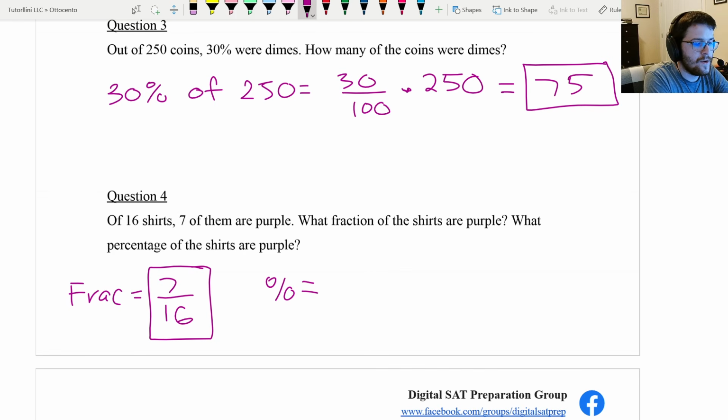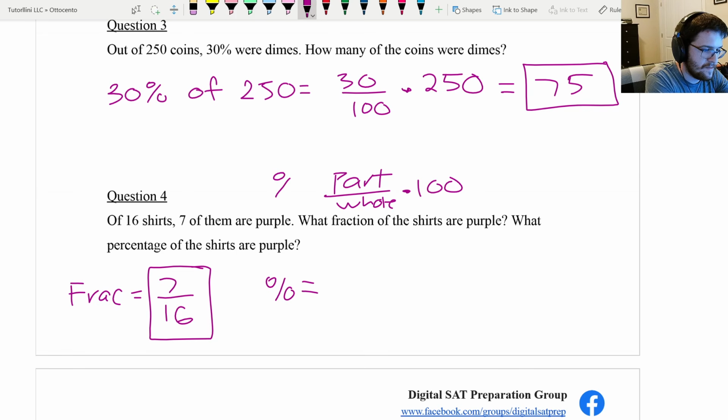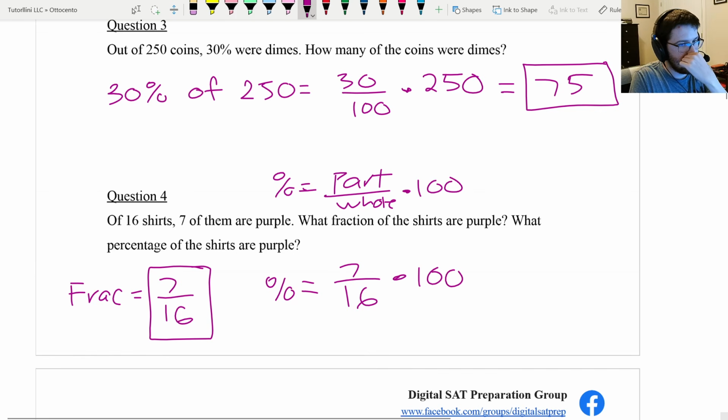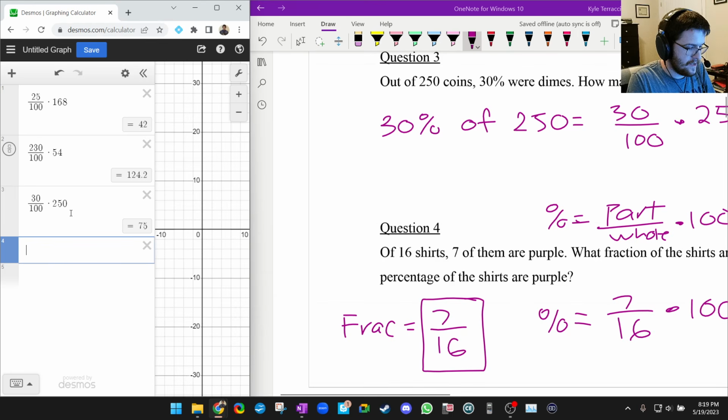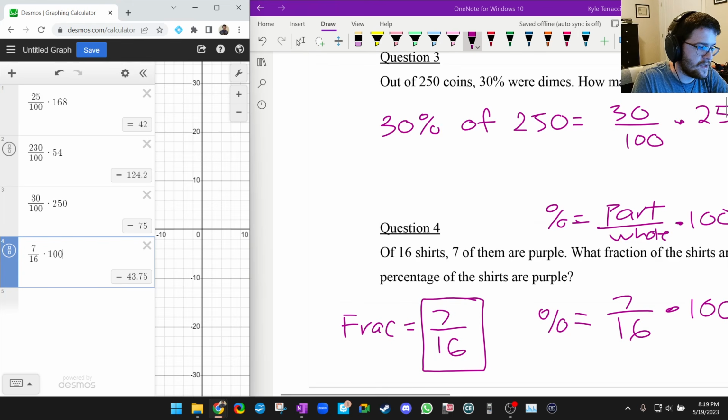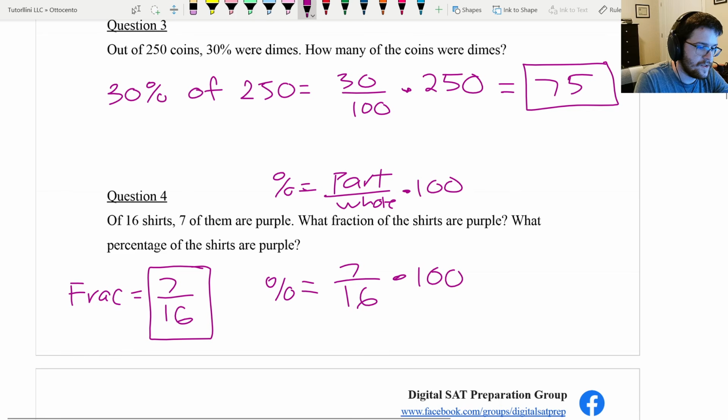Part over whole times 100. That's one of the things we talked about earlier in the video. So we're going to do 7/16 times 100. Once again, not going to do that in my head. We get 43.75%.